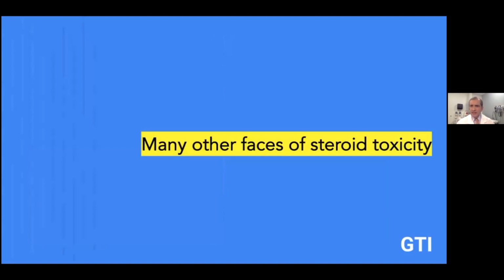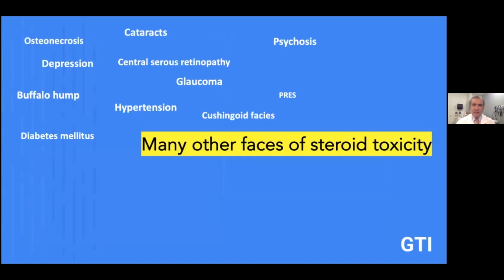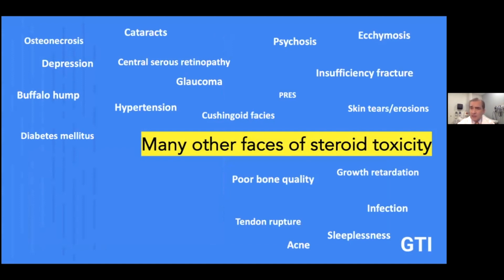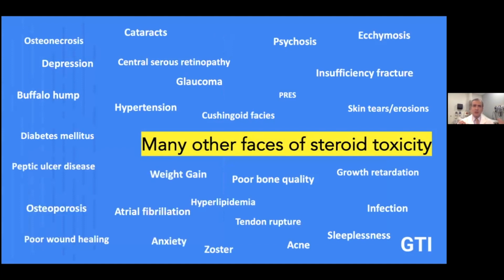Of course, there are many other faces of steroid toxicity that one can't easily see on the skin, but osteonecrosis and glaucoma and hypertension and diabetes, insufficiency fracture, growth retardation in kids, infection, insomnia, atrial fibrillation, poor wound healing, anxiety. All of these things are well-known complications of glucocorticoids.